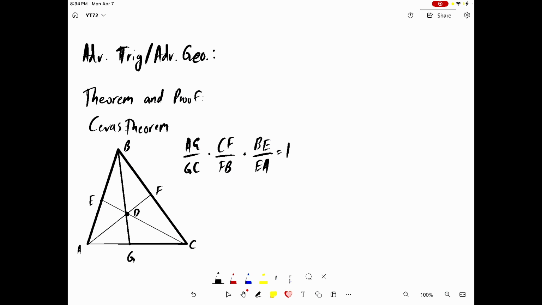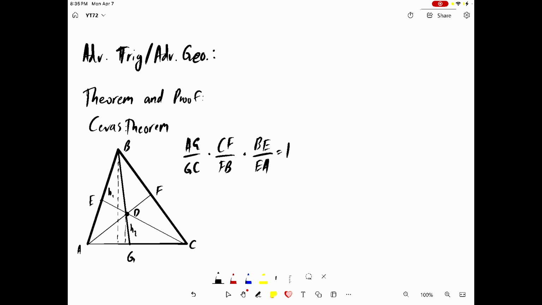In order to prove this, we're first going to draw two altitudes. The first altitude will be from point B and go all the way down. This altitude we can call H1. The other altitude, we can draw as H2.